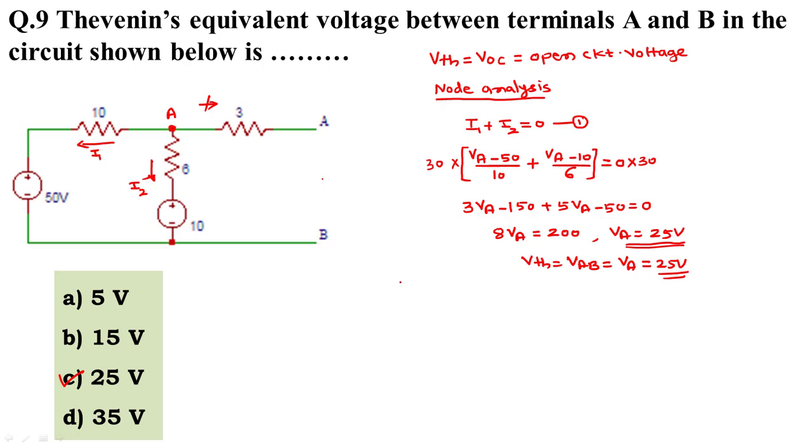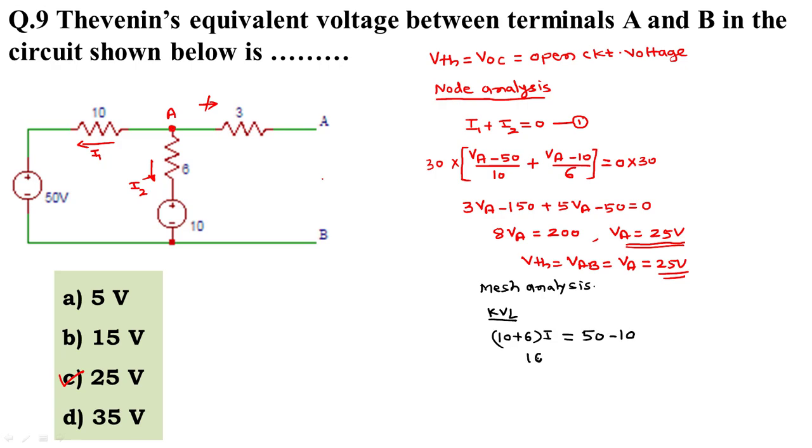Now for the same problem, if you use, say, mesh analysis, that means the problem we can solve using mesh analysis. If I apply KVL to the mesh, then your equation comes out to be 10 plus 6i, just one loop is there, that is equal to 50 minus 10.